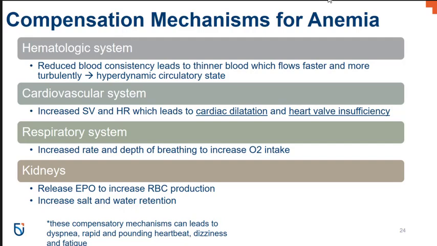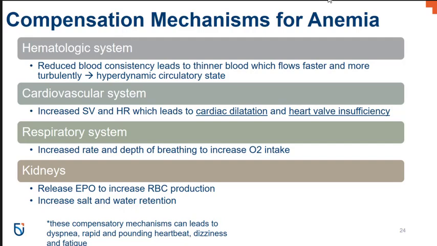Our cardiovascular system is going to identify that our body is not getting enough oxygen, and it will respond by increasing stroke volume, so the volume of blood pumped out of the heart, and heart rate, which is the number of times your heart will beat within a period of time. And this is going to strain the heart. Over time, if the heart is constantly having to increase its stroke volume and heart rate, it can lead to cardiac dilation, where the ventricles in particular stretch and thin out, and then become far less effective at pumping blood out.